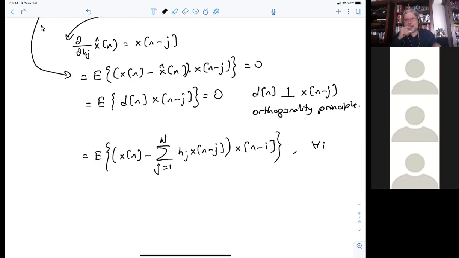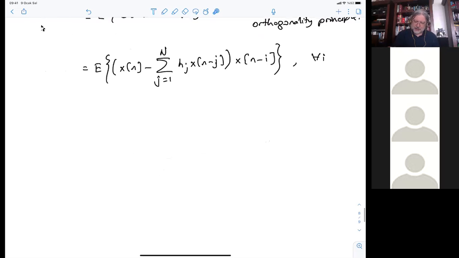This will help me solve for hi. If I use j here, it will be confused with this j, which was the running index. It's a different thing, so I'm using a different parameter for that. Let's say i. So from here, I will solve for hi.